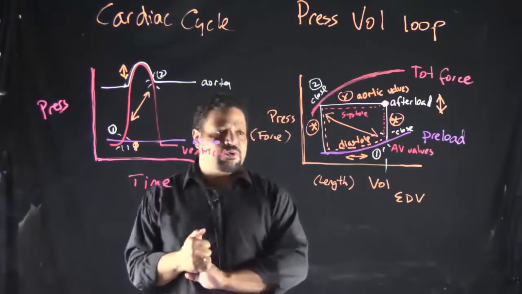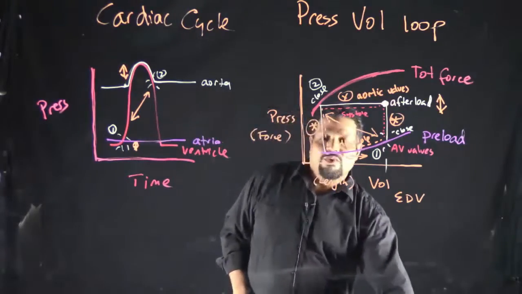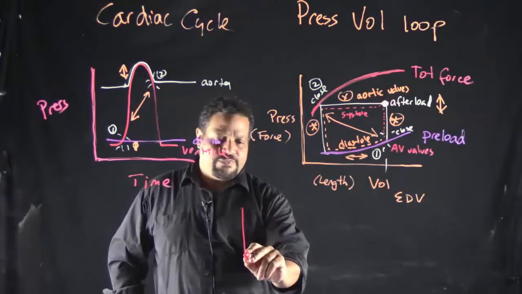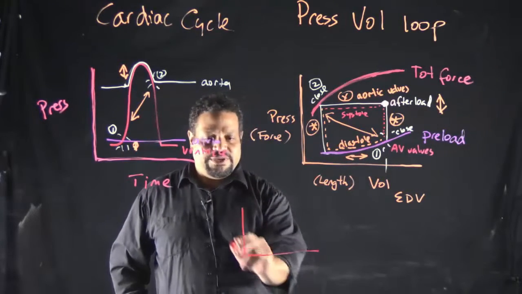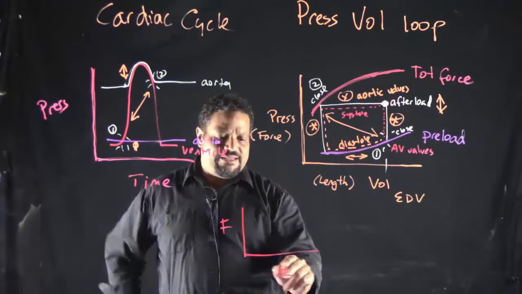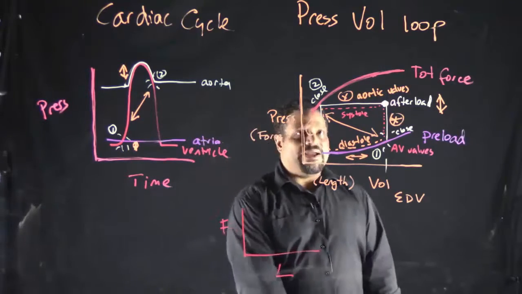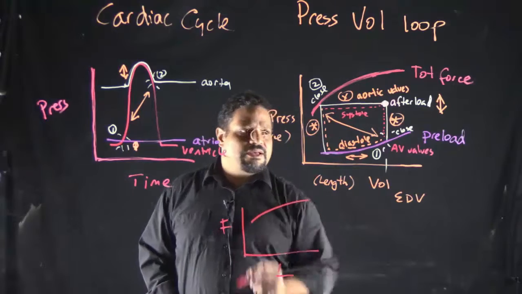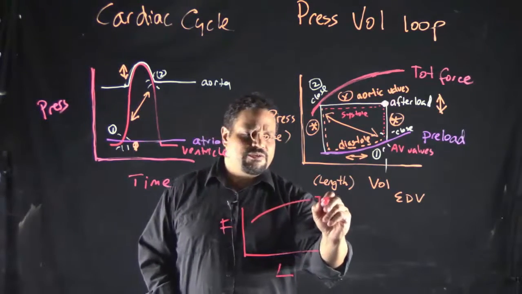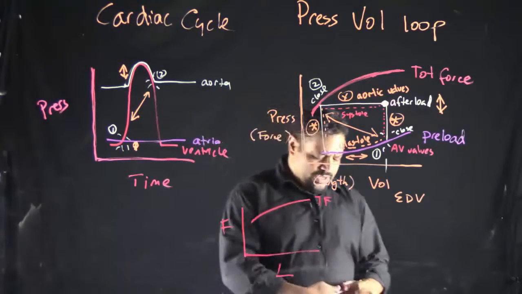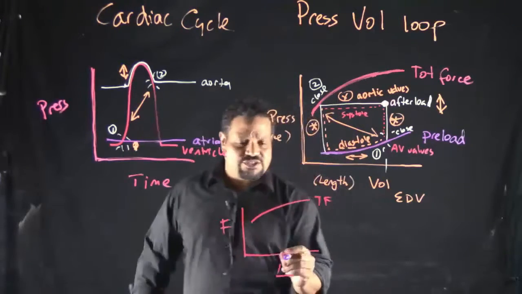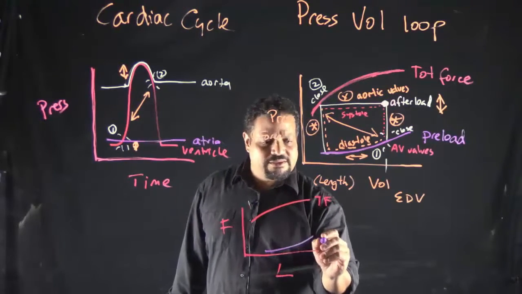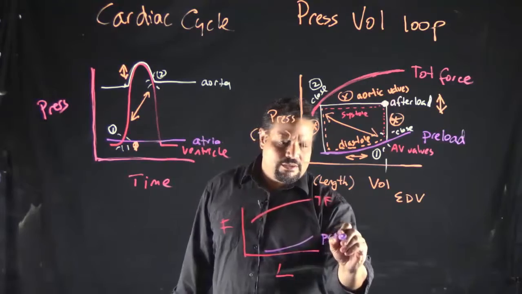So first of all, let's go over what the changes for skeletal muscle look like. We have force over length. First, we have the total force that we had drawn. And then we have the preload, which is proportional to stretch, not directly due to stretch.